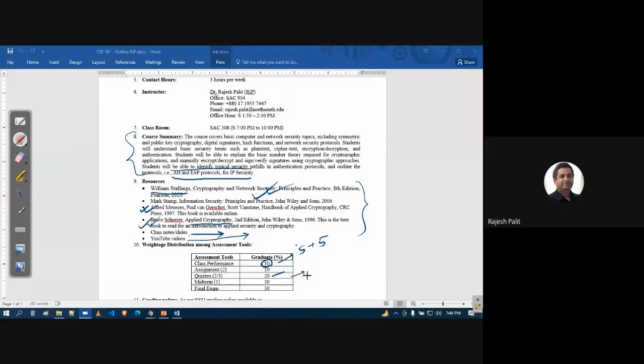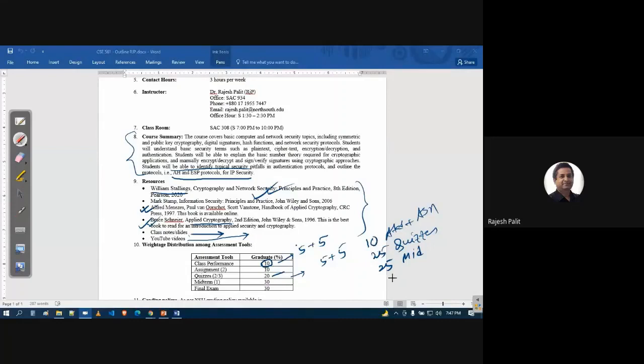For quizzes there will be more weight: at least 25%. There will be only 3 to 4 quizzes, and I will drop one of them. Then one midterm, 25.